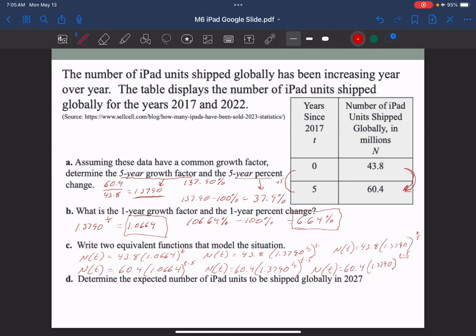And that 5 in the numerator is because I've shifted 5 to the right, and the 5 in the denominator is because I'm working with the 5-year change factor instead of the 1-year change factor.